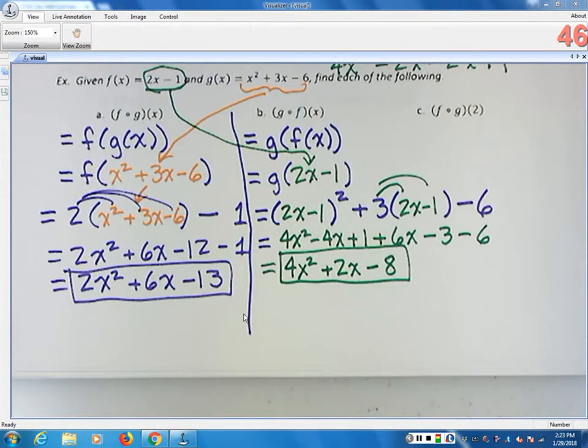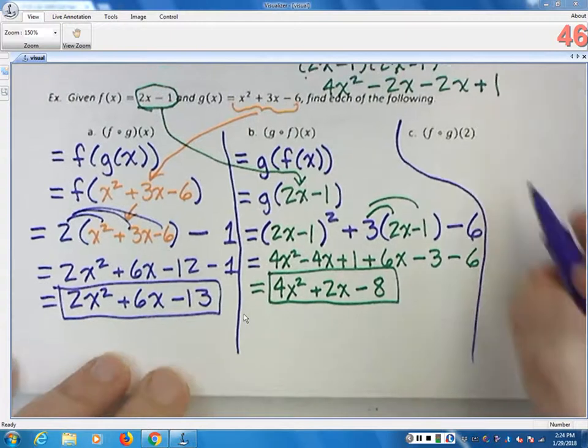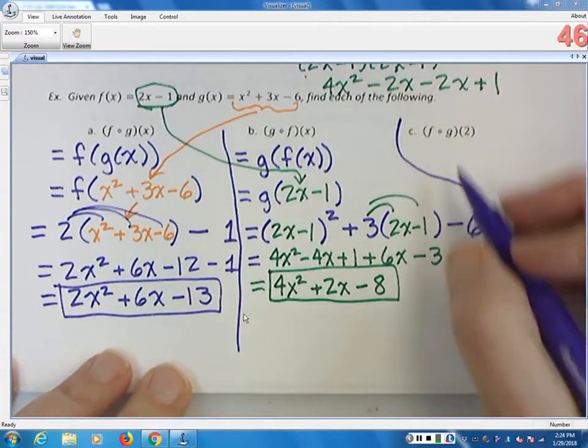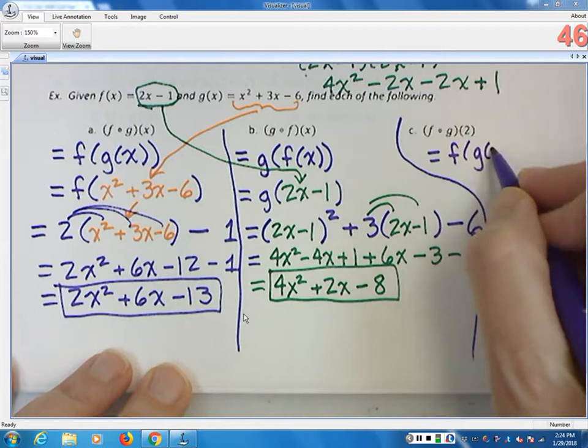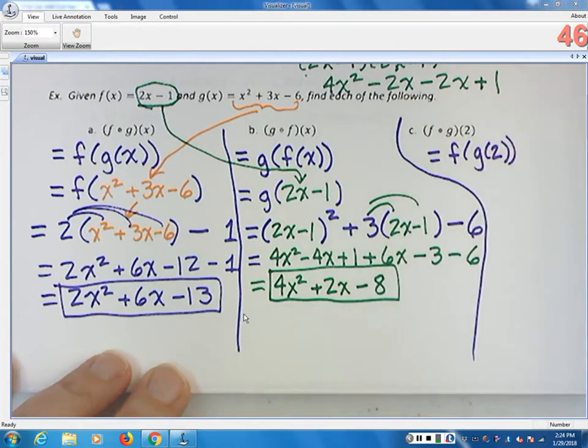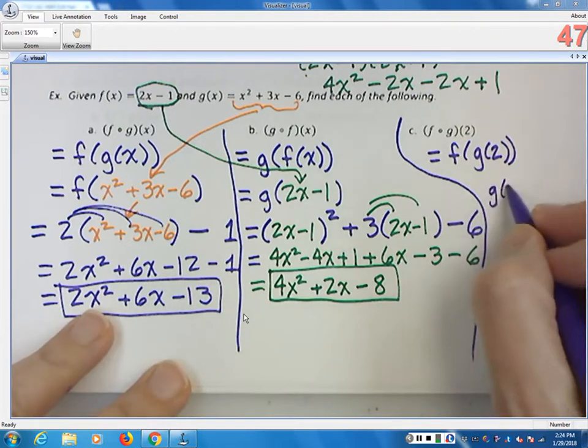Okay, and then the last example is what if we ask you to find F composite G of a number? Well, this means F of G of 2. So you can find G of 2 first if you want.